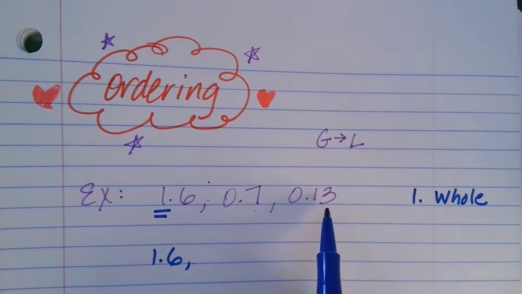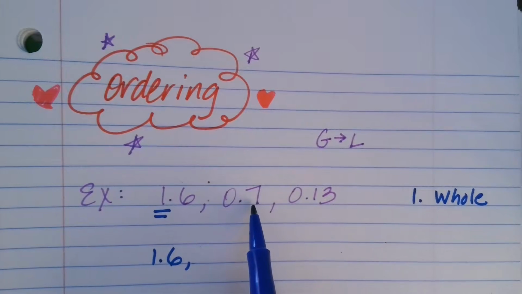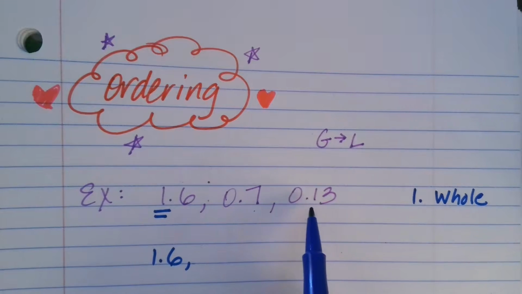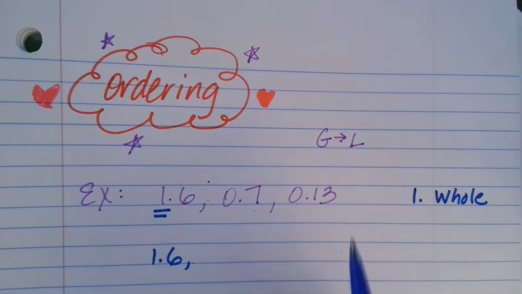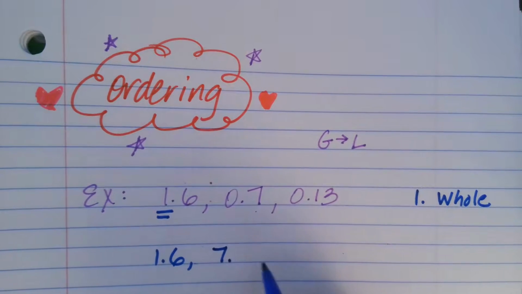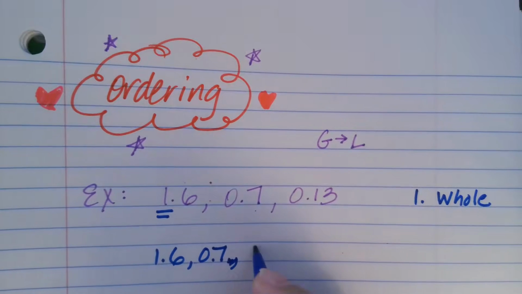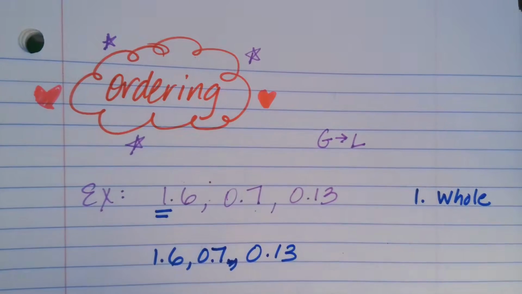Which one's closer to half? The 7, right? Because it's bigger than half. So which is bigger then, 7/10 or 13/100? 7/10. So, guess what? It was already in order, greatest to least.